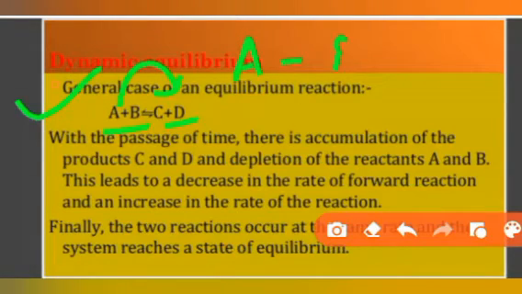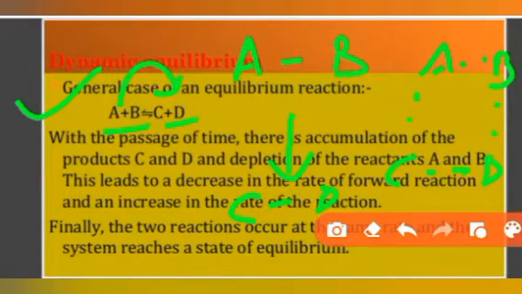Suppose A bonded with B is there and it is forming C and D. So what is happening now? Slowly the A and B bond will break, and the B and D bond will form, the C and D bond will break, and between A and C a bond will form. So in that situation, what is happening?